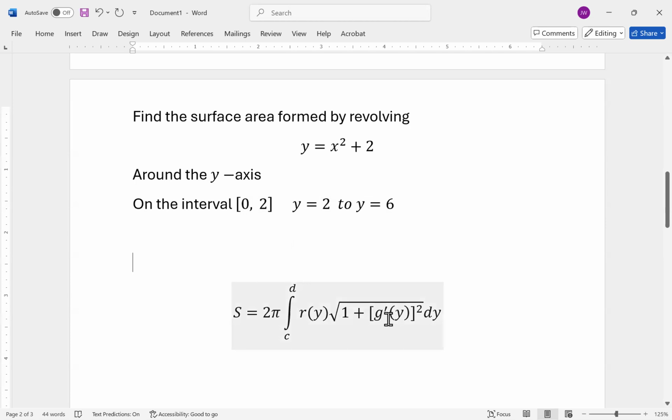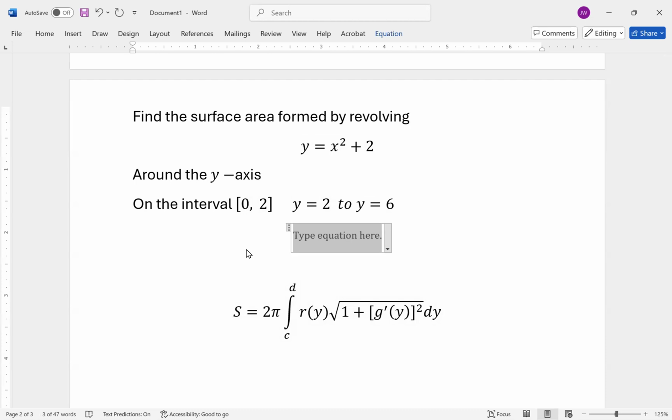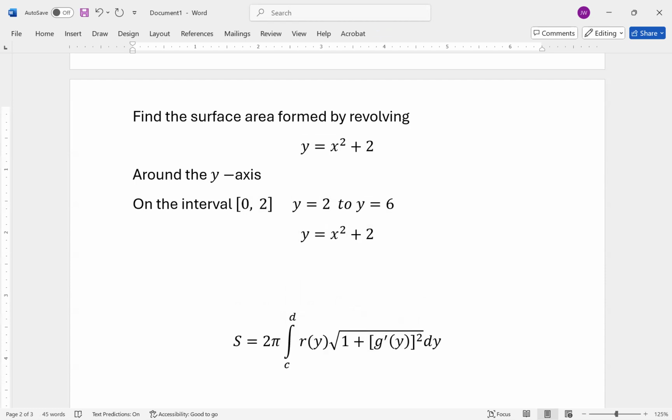If I want to integrate with respect to y, then I need to create a function where x is equal to an expression in y. We have y equals x squared plus 2. Let's solve that for x. Subtract 2 from both sides, I get x squared on one side, and the other side would be y minus 2.